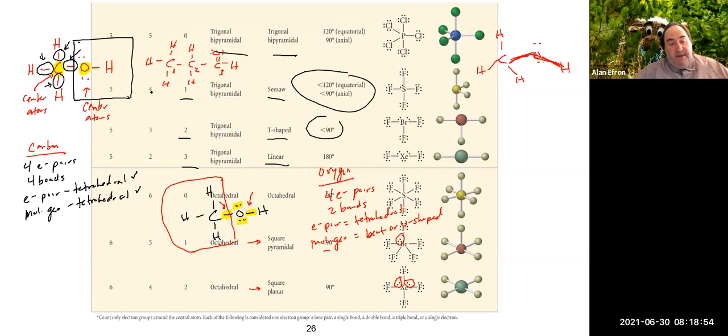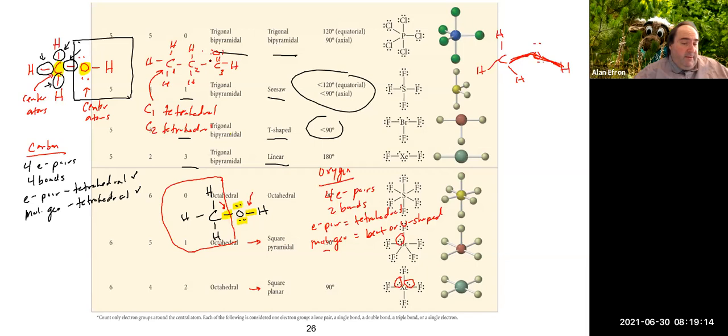Just for purposes here, carbon 1 would have 4 electron pairs and 4 bonds. The molecular geometry would be tetrahedral. Carbon number 2 would also end up being tetrahedral in terms of the molecular geometry.